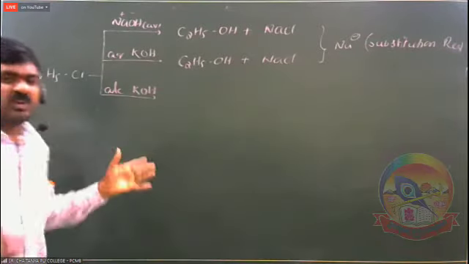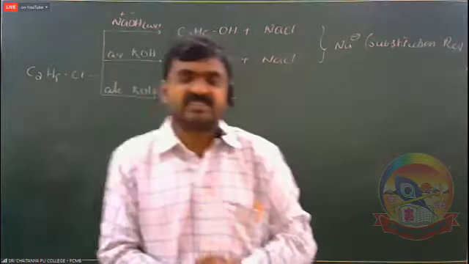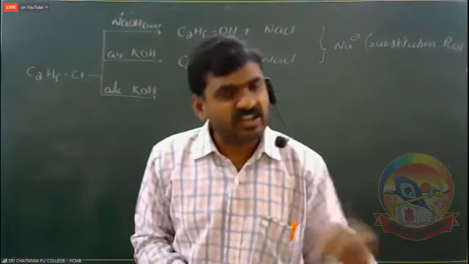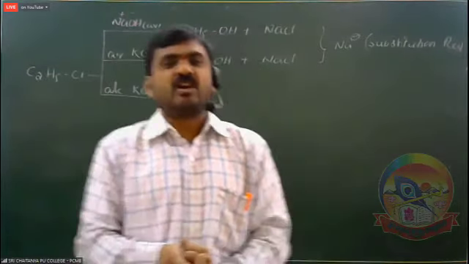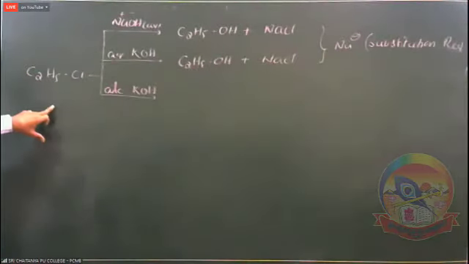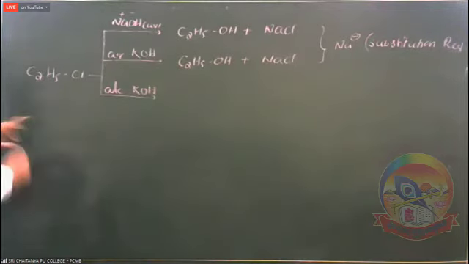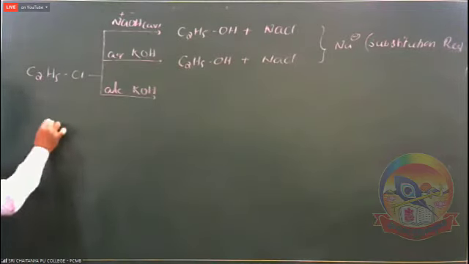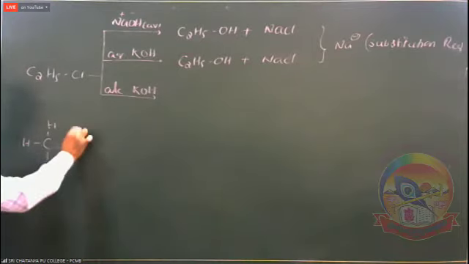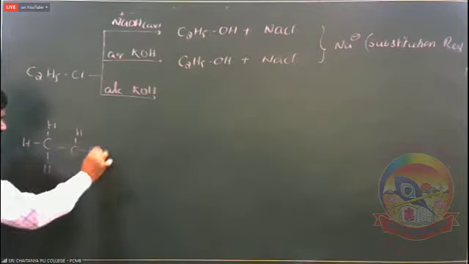What is the nature of alcoholic base? Ethyl alcoholic NaOH, or ethyl alcohol NaOH, is considered as alcoholic base. So what is the nature of alcoholic base? Dehydrohalogenation reaction. Hydrogen and halogen are eliminated from adjacent carbons.